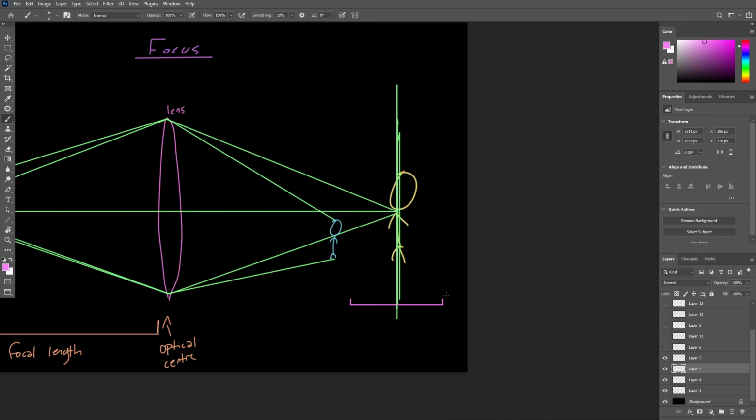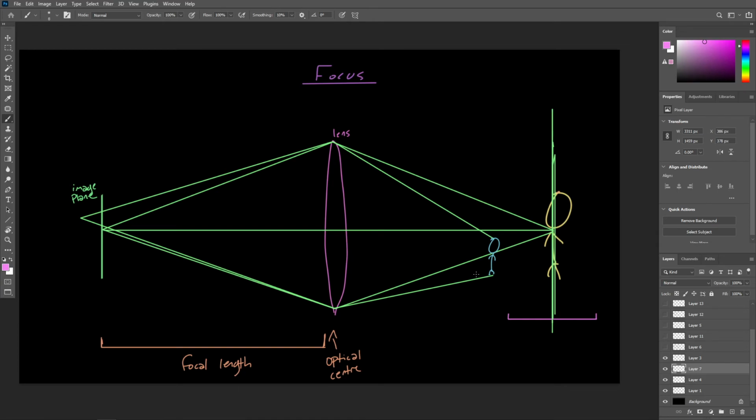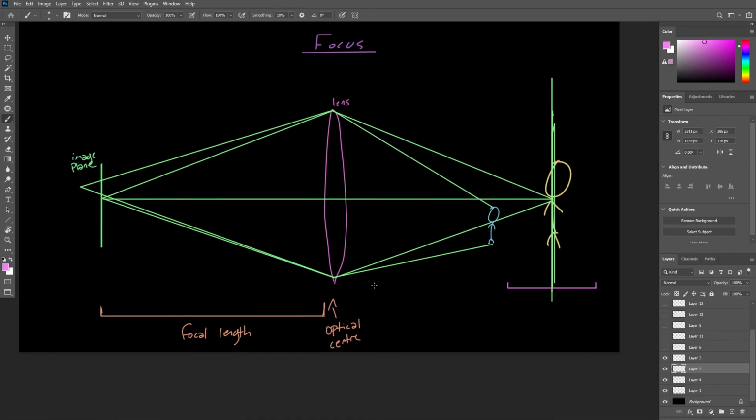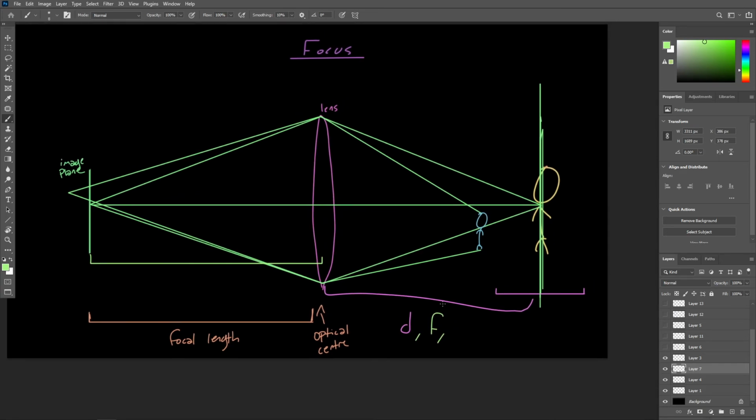Depth of field will be discussed in greater detail later in the course when we discover how it can be simulated on a rendered image. For now, we'll just generalize and say that given a distance to the subject, the focal length, which we know what that is, let's call that F, as well as an aperture.